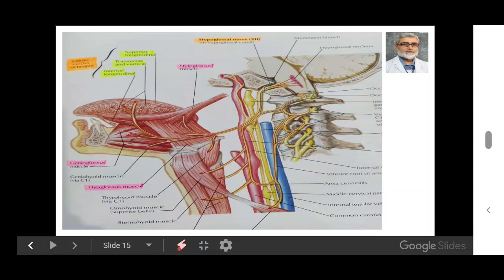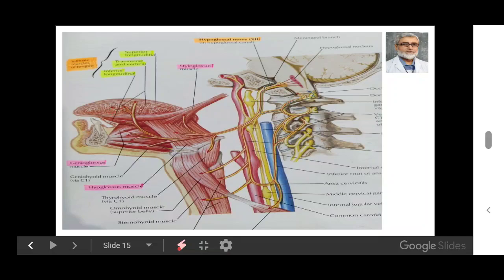Hyoid bone is here, hyoglossus. This is your mandible, anterior-inferior part, genial tubercle. One muscle is here, hyoglossus, and this muscle is genioglossus. Hyoglossus, genioglossus, styloglossus, and not seen in this, but along with this is the palatoglossus, and the intrinsic muscles are all arranged here. Superior longitudinal, inferior longitudinal, transverse and vertical.